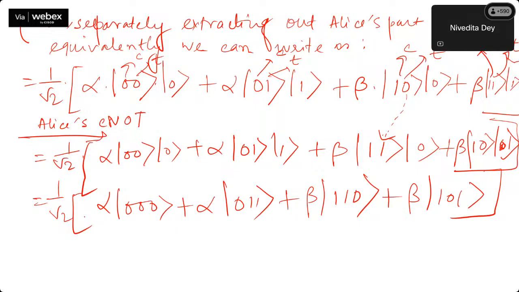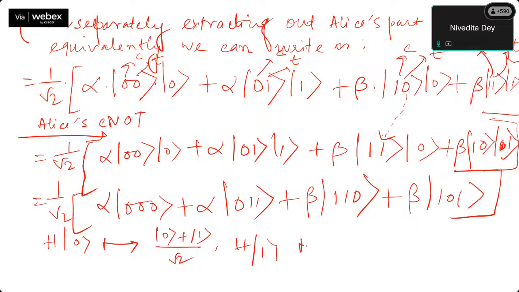Now, if you also note that Hadamard on ket 0 makes it ket 0 plus ket 1 by root 2, and similarly, Hadamard on ket 1 makes it ket 0 minus ket 1 by root 2. So this is equivalent to minus, and this is equivalent to plus.